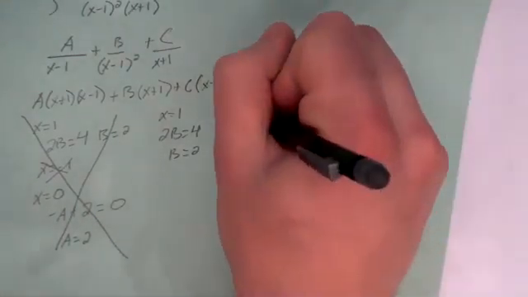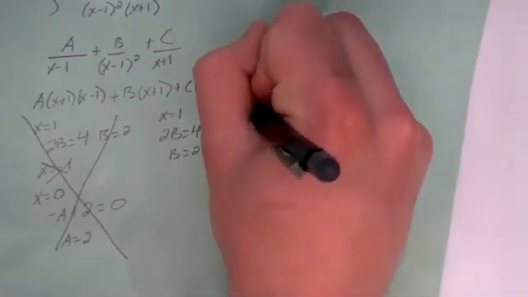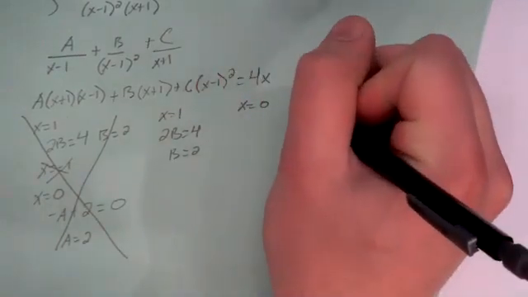Make that sit at an angle, I'll start writing straight. So if x equals 0, that's a lot better.